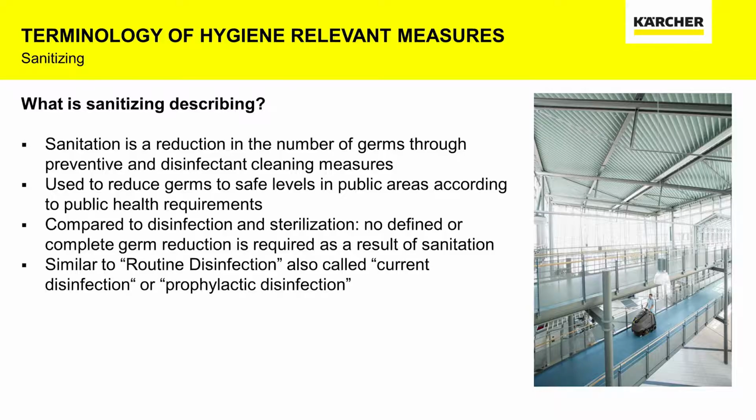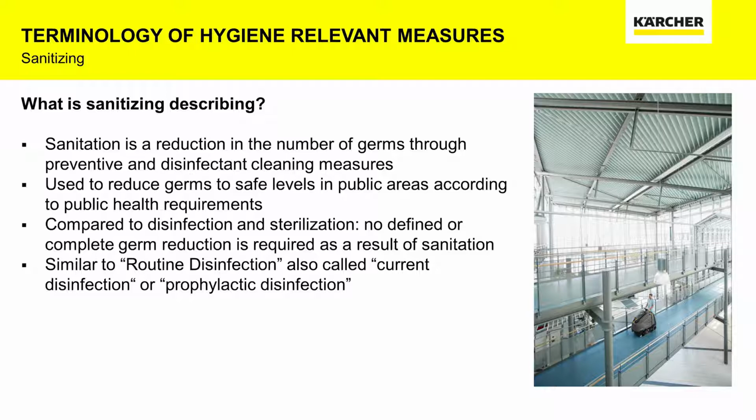What is sanitizing describing? Sanitation is the reduction in the number of germs through preventive and disinfectant cleaning measures, used to reduce germs to safe levels in public areas according to public health requirements.